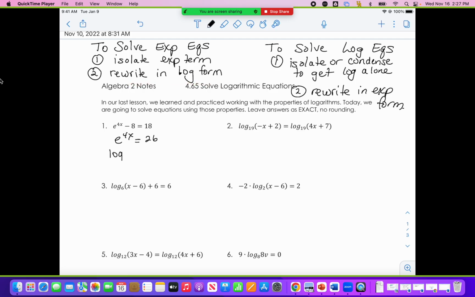This is going to be a log base E of 26 equals 4x. Now, I'm hoping we don't have to write log base E much longer. What is an equivalent way to say log base E? Melanie? ln. So we're going to do ln 26 equals 4x. So we're doing all of these with no calculator. So then all I have to do is divide by 4. Now that 26 is inside the natural log, so I can't cancel the 26 or reduce it with the 4, okay?